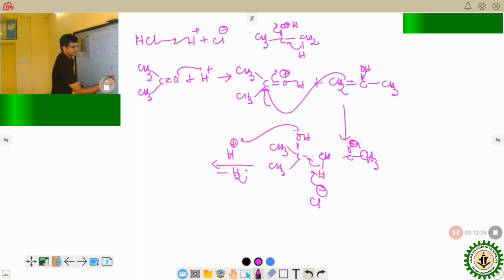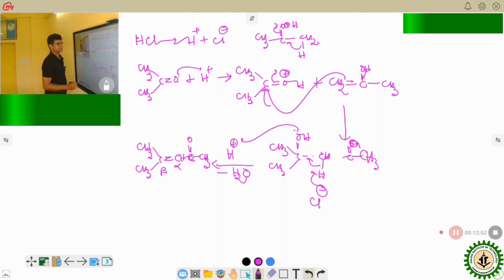After elimination of this water, it will form this kind of alpha beta unsaturated ketone. Alpha beta unsaturated ketone. So this is the mechanism of acid catalyzed aldol condensation reaction.